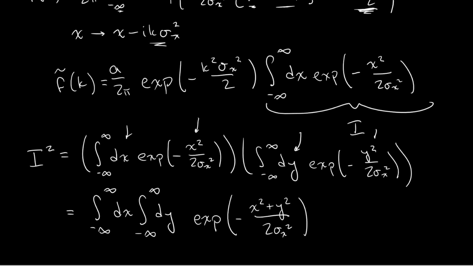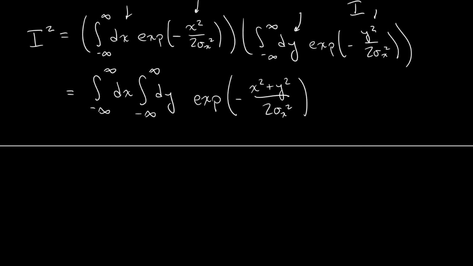So now what I do is I shift my coordinates, or I change my coordinates. Instead of working in x and y, I work in x equals r cosine phi and y equals r sine phi. So I shift to polar coordinates.